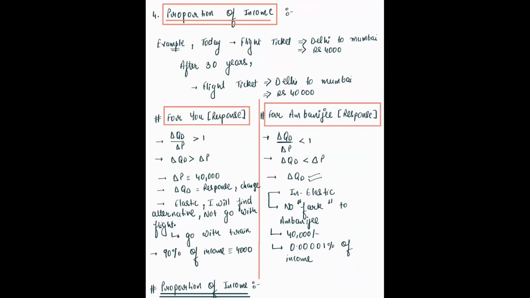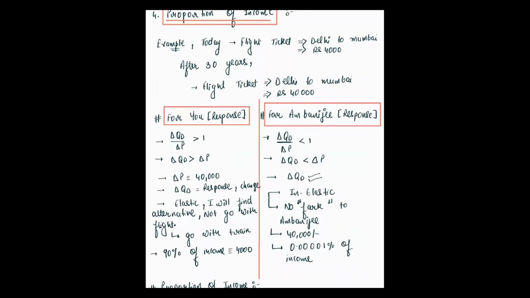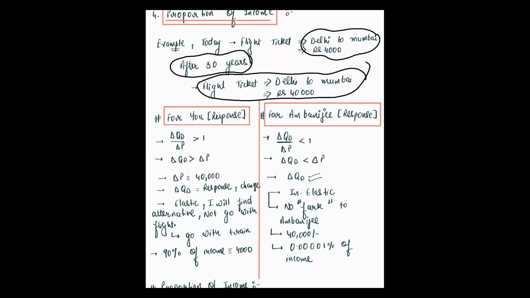For example, today a flight ticket from Delhi to Mumbai is rupees 4,000. Suppose 30 years from now, the flight ticket from Delhi to Mumbai is 40,000, right? For you, will the response change? If today the price is 4,000 and after 30 years it is 40,000, what will you do? Your response will be a change with the change in price.